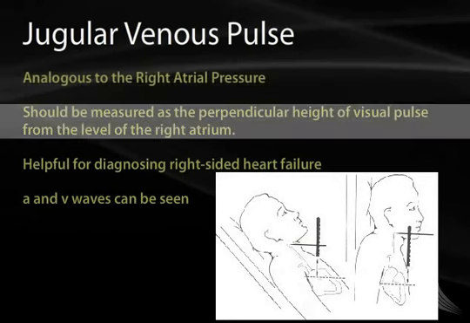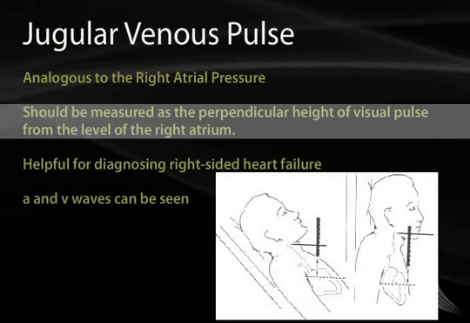So how do you measure the jugular venous pulse? First of all, you position the patient, whether it's lying down or standing up, so that you can see the jugular venous pulse. Once you see the pulse, you find a point lateral to that pulse that is directly perpendicular up from the patient's angle of Louis, or the sternal angle.